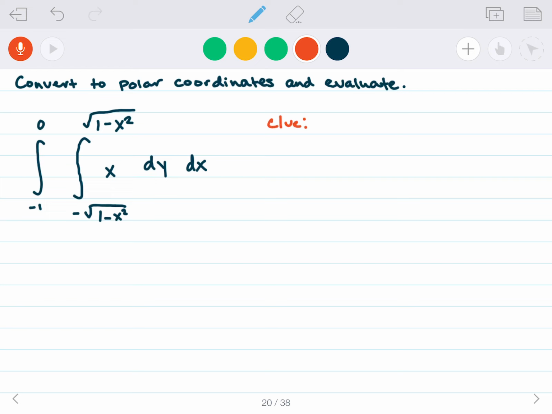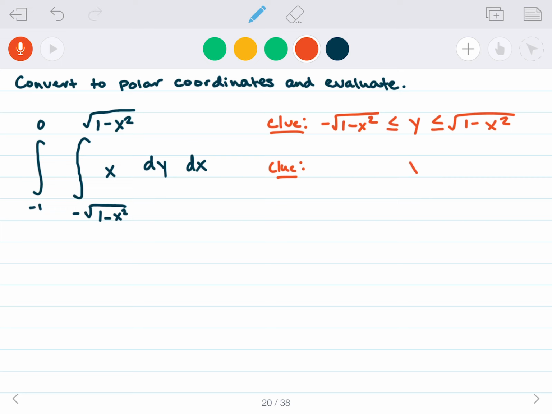So we have that y is going to be bigger than or equal to negative square root of 1 minus x squared and less than or equal to square root of 1 minus x squared. So that is our first clue. And the second clue is that x is going to vary from negative 1 to 0.